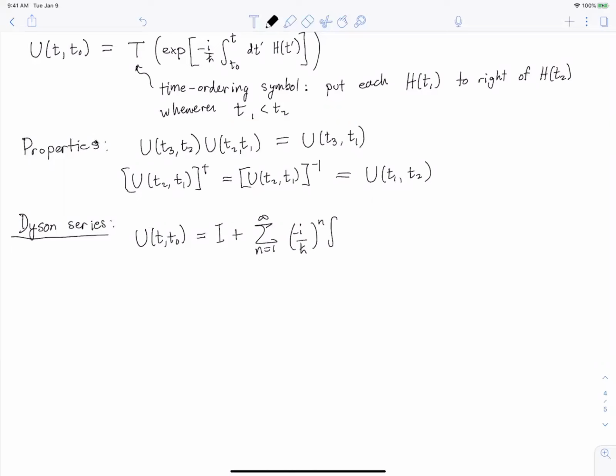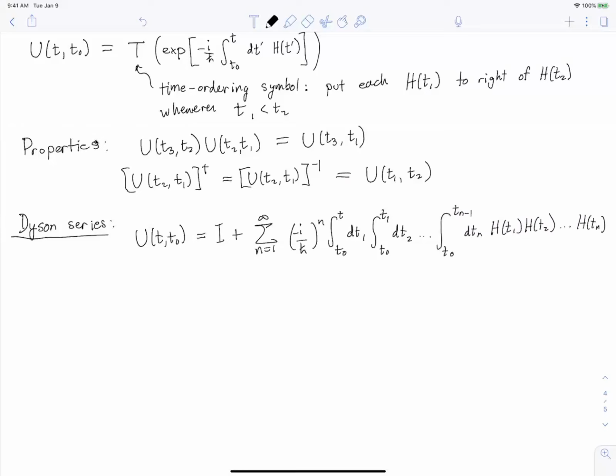And now we're going to write out each integral. So there's an integral over t1, and then there's nested within it another integral from t0 to t1 of dt2. And you keep going until you get n of these integrals. And then you have all the Hamiltonians, H of t1, H of t2, up to H of tn.